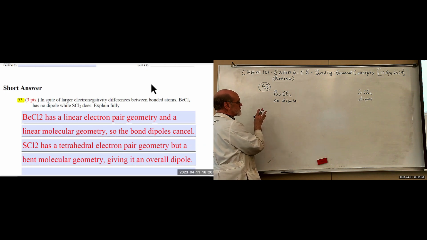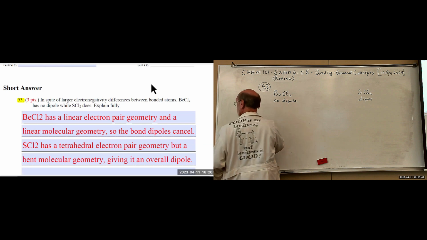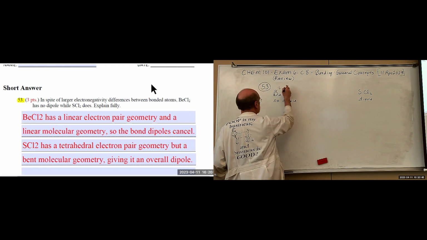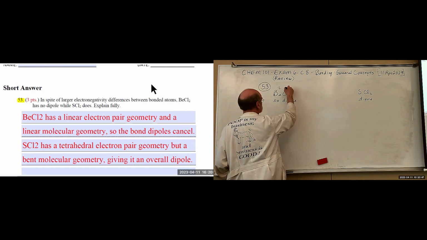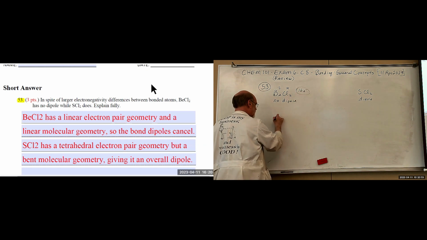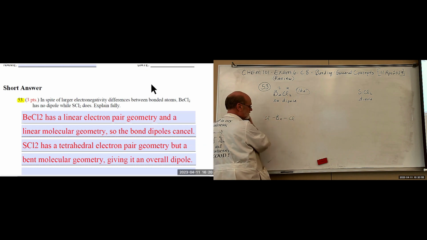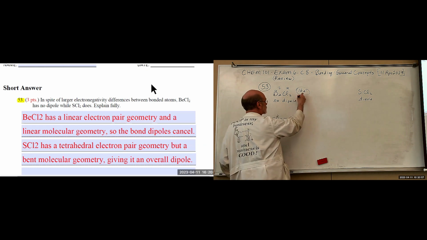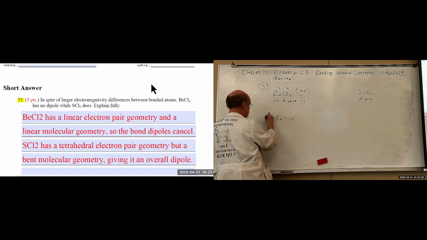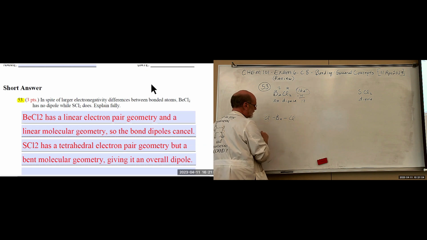All right, so we need to write the Lewis dot structures for each one. Beryllium has 2 electrons, and 2 times 7 is 14. So we have 16 electrons. All right, beryllium with a chlorine and a chlorine. So that's minus 4 is 12. 1, 2, 3, 4, 5, 6, 7, 8, 9, 10, 11, 12.